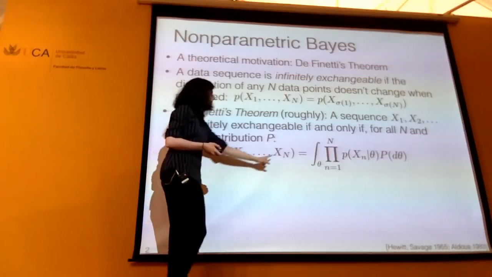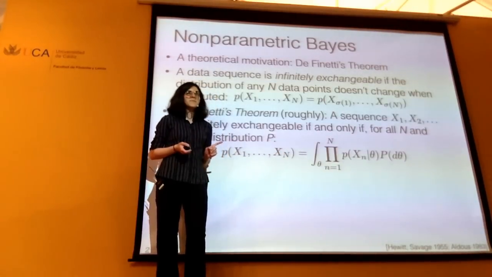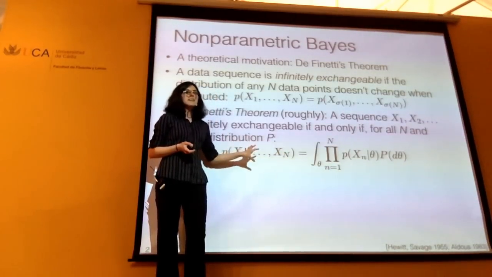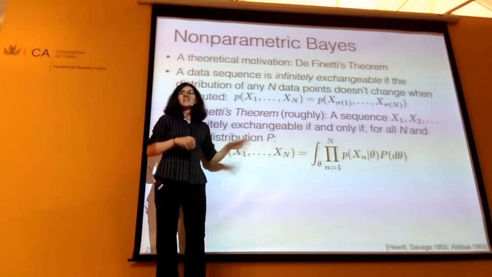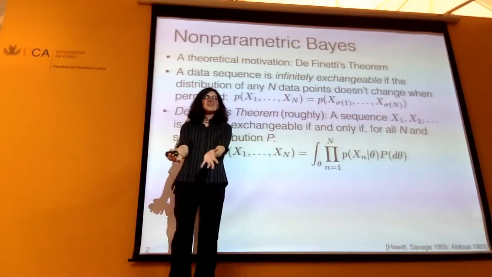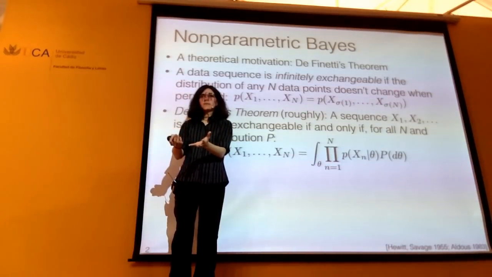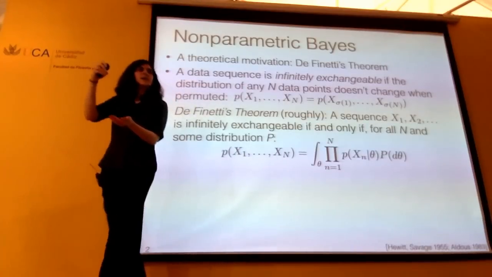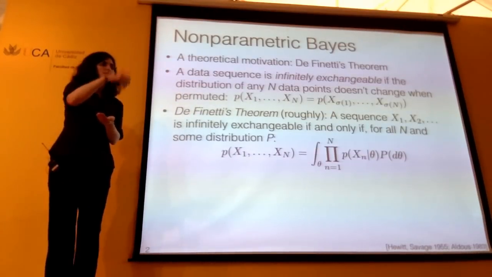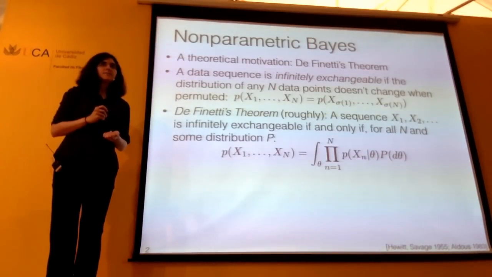I can express the distribution over my data as if there were some new parameter theta that I didn't know about before, potentially random, and I draw my data independently and identically conditional on that theta.